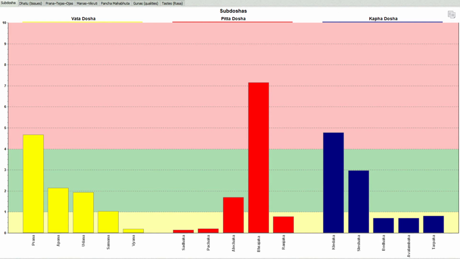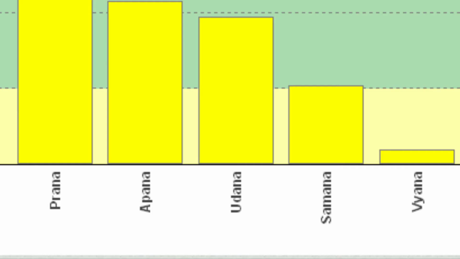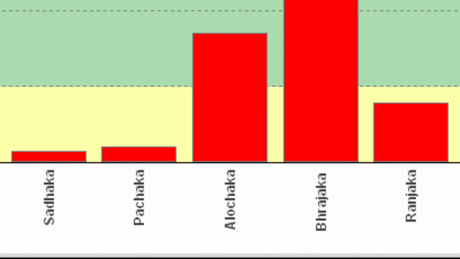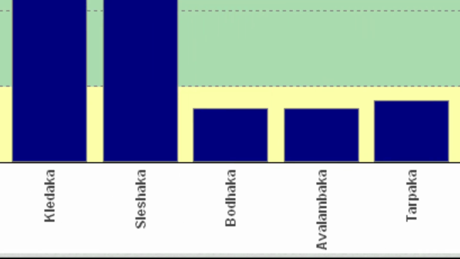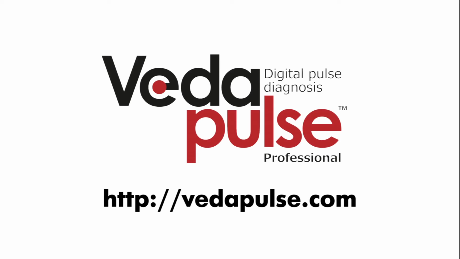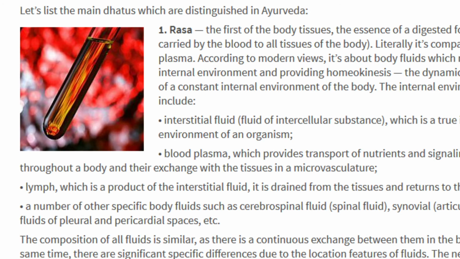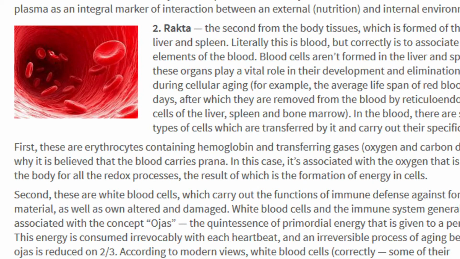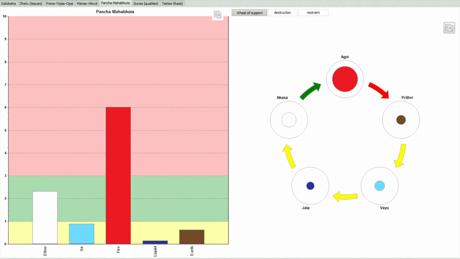Going forward, the next module is called Nidana, which means the root of disease. This module includes 3 tabs. Subdosha tab allows for an in-depth analysis of regulation subsystems, which are called subdoshas in Sanskrit. On our website, you can find articles about it. Dhatu tab allows determining the functional state of the tissues, sort of the Ayurvedic histology.